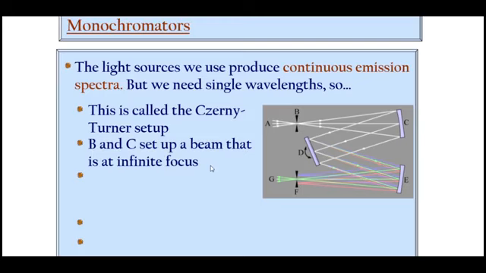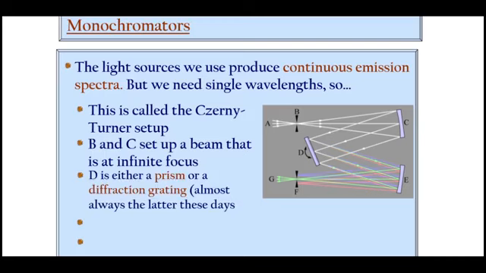So in the monochromator, this is called the Czerny-Turner setup. The B and C setup produces a beam at indefinite focus.